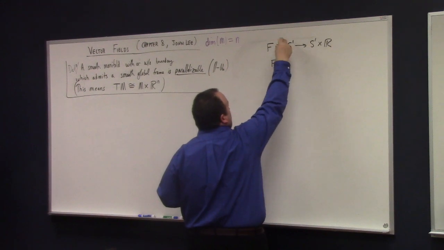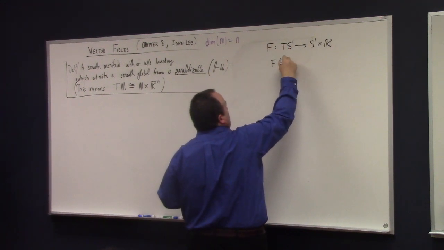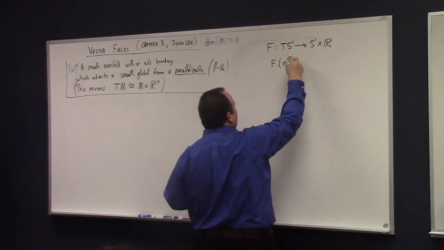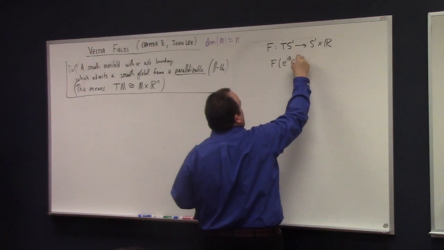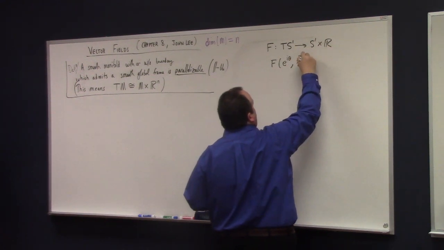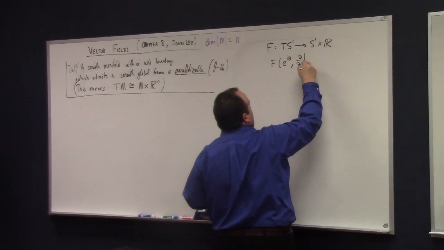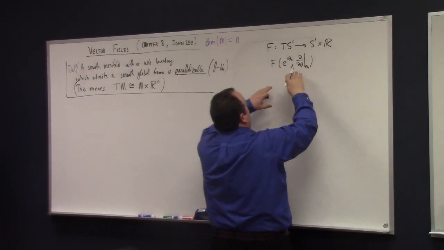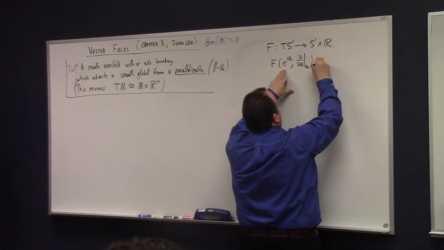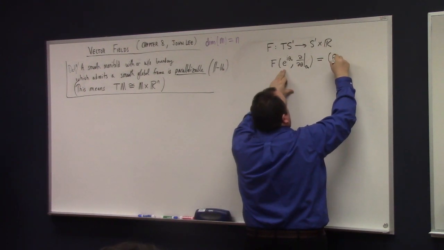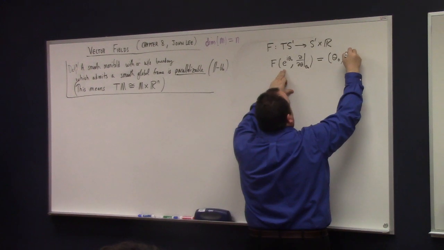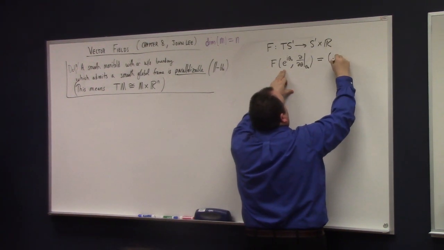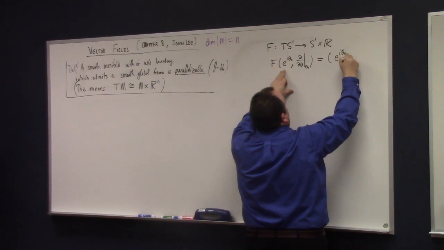So a typical point in here looks like e to the i theta, and then you've got your partial theta at the point. Let's put a naught there. So there's your typical point in the tangent bundle, and all you map to is e to the i theta naught.